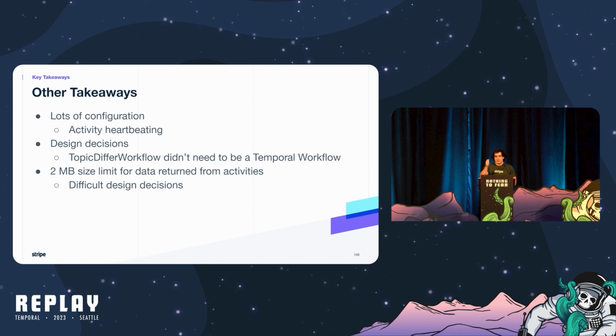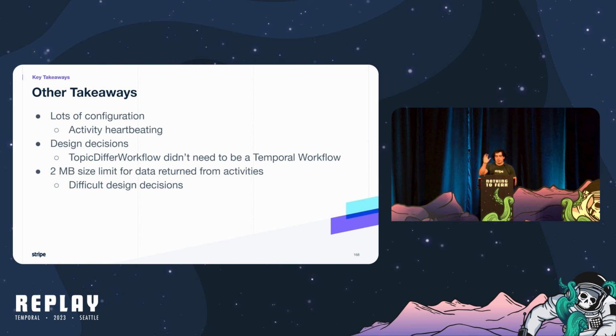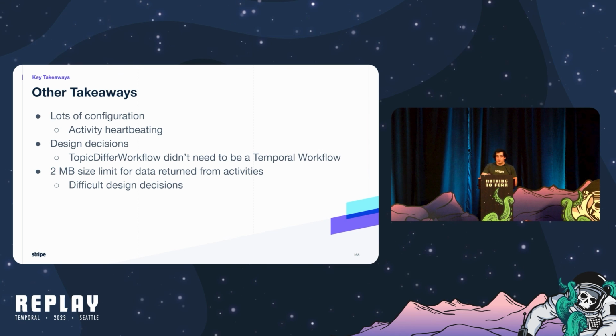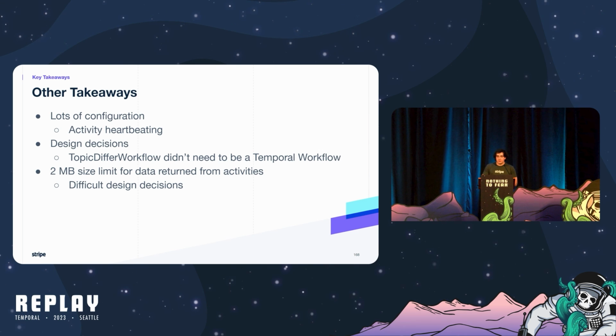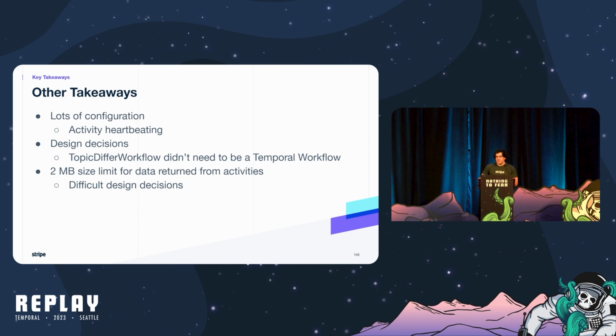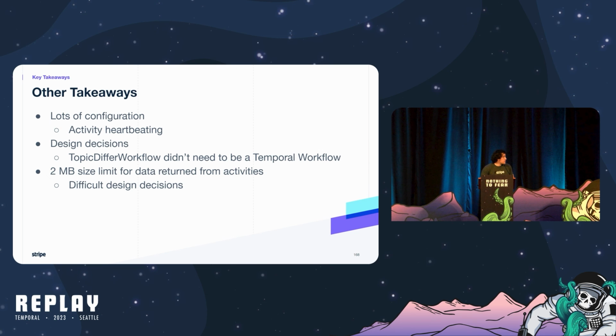Since we couldn't take that entire JSON of configurations and pass it between activities, we would have to call the API that returns this information in every single activity, which works, but it's just kind of weird.